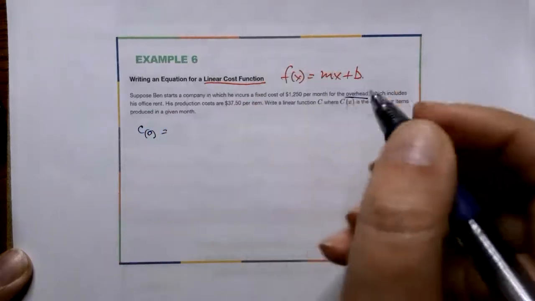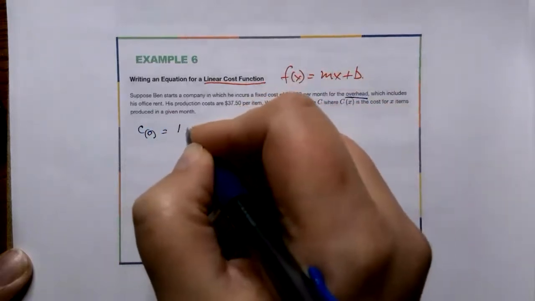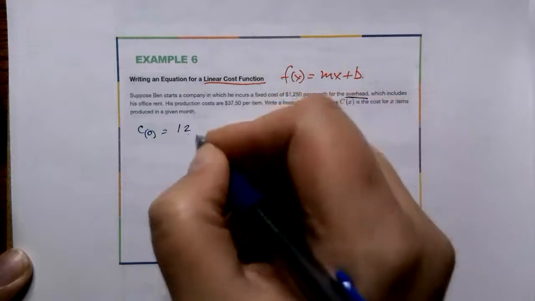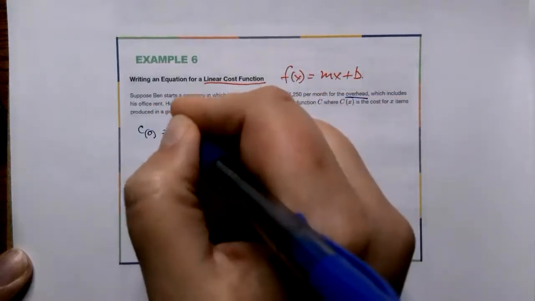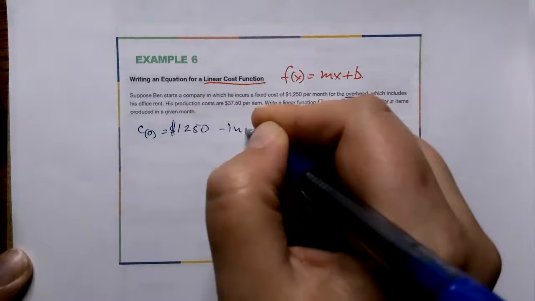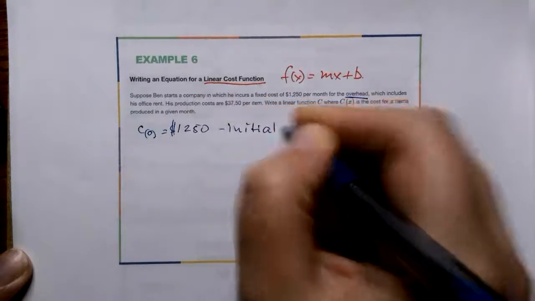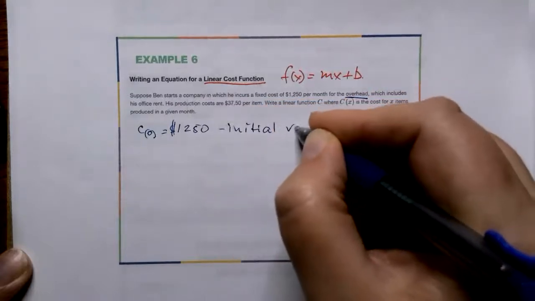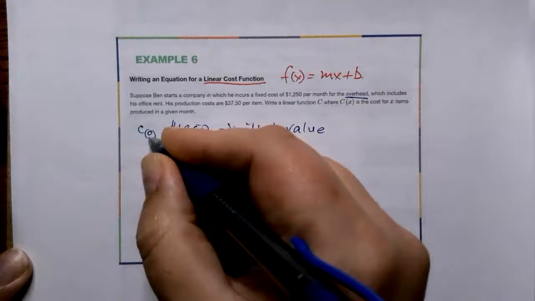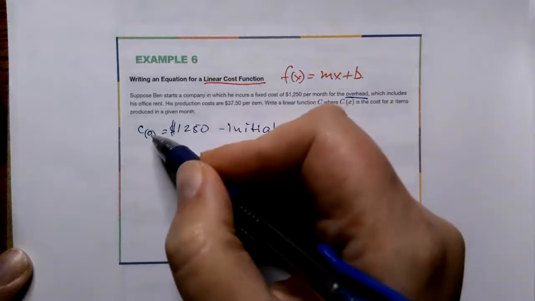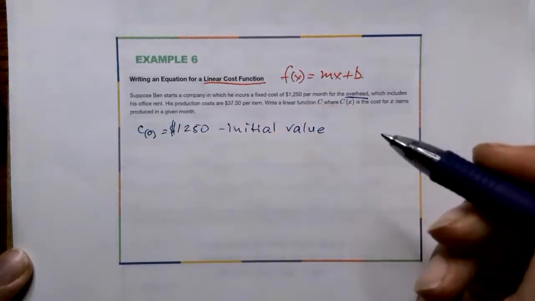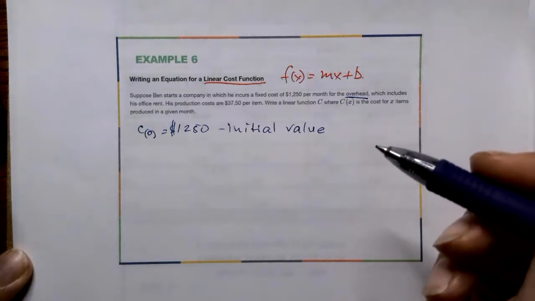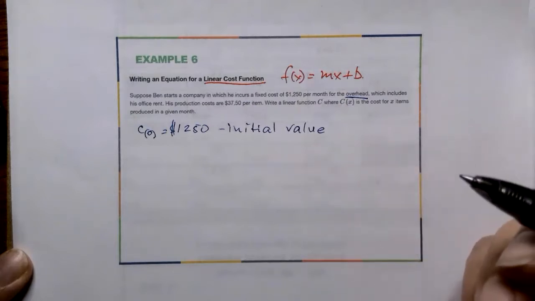That's initial value is $1,250. Okay, so that's your initial value. In other words, this 0 right here means that even before you produce any items, you already spent this much money. Okay, and then we have a rate.